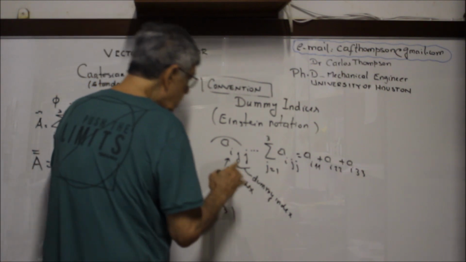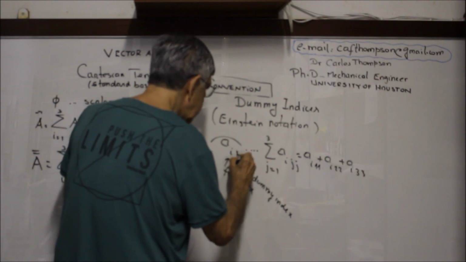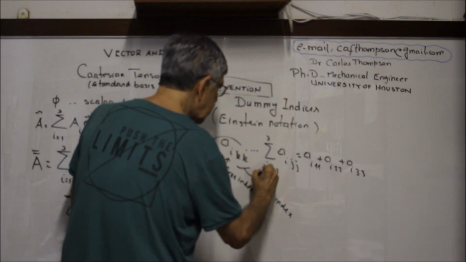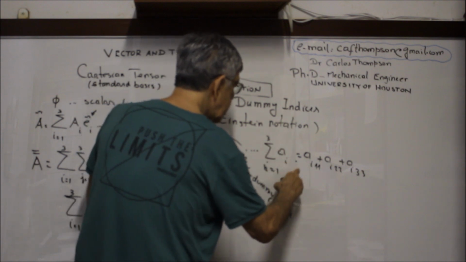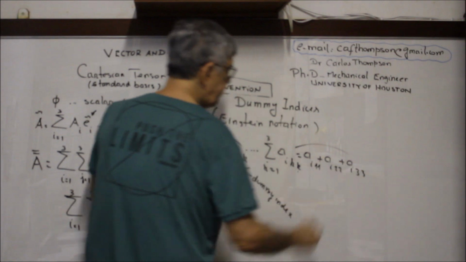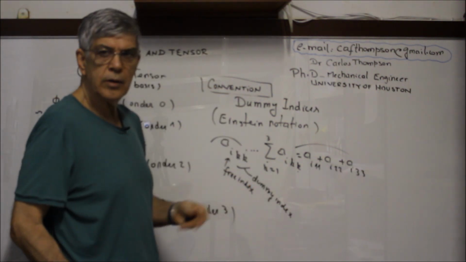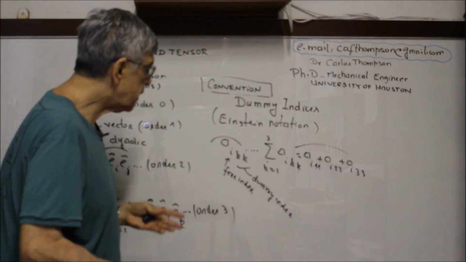Why is it dummy? Look, I will erase here and put k and k. Here k and k, and the same sum. That was dummy. I could put l or m, n, doesn't matter.